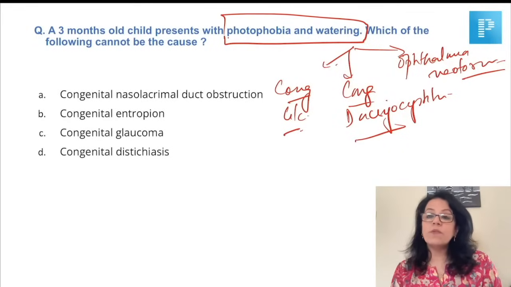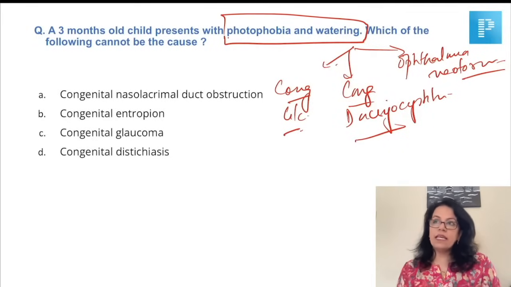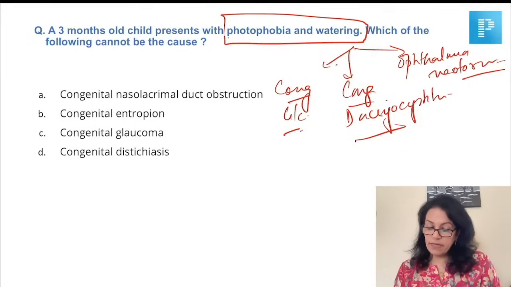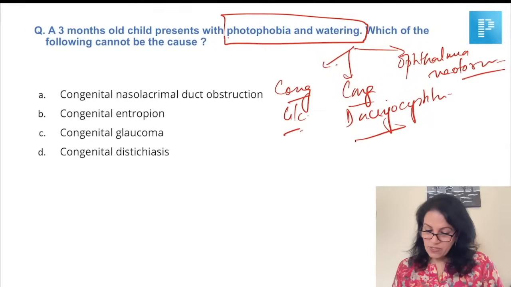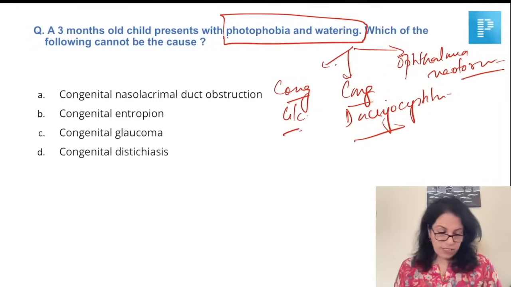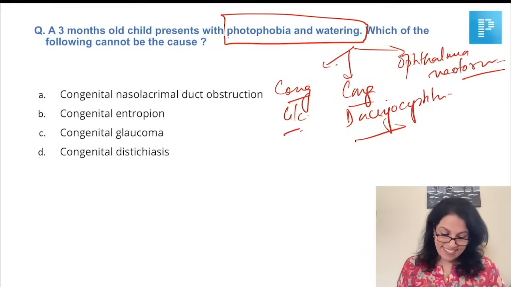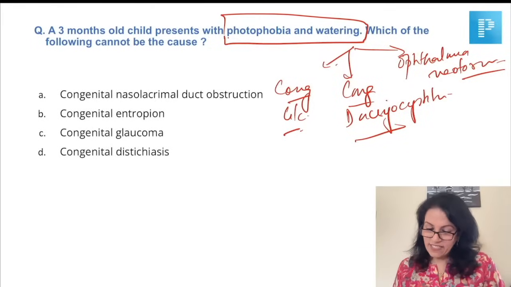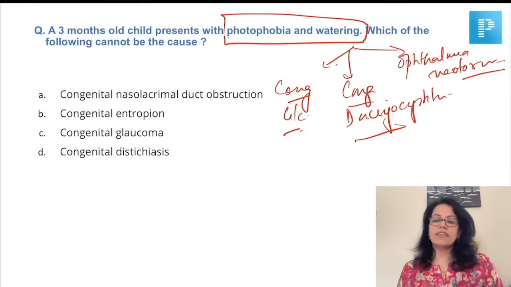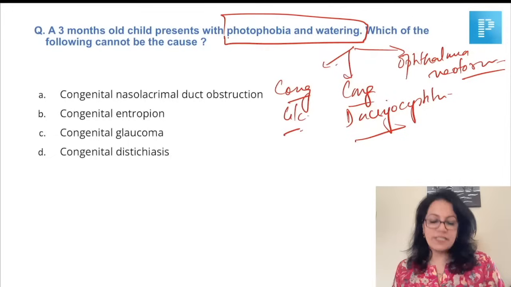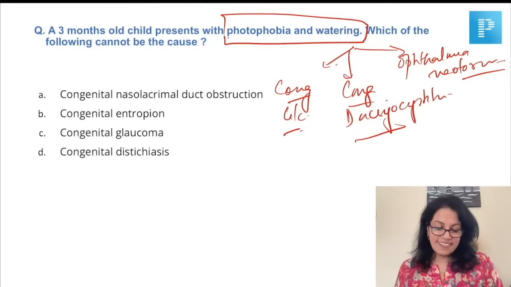So congenital entropion, tell me, can be bilateral, okay. So all seem to be bilateral, except congenital dacryocystitis generally. So whatever the question is, we will have to answer accordingly.